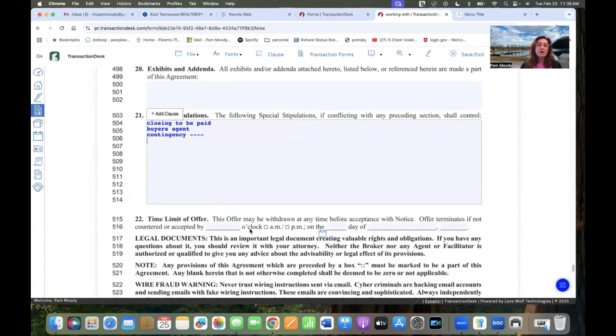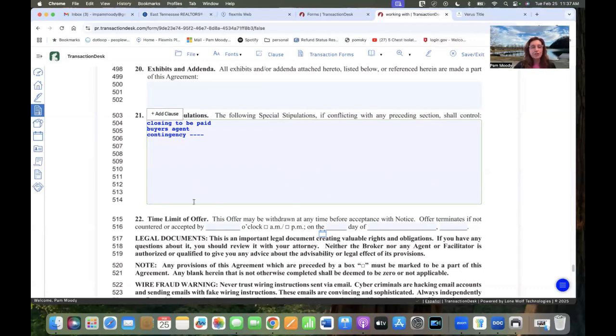So time limited offer. The offer may be withdrawn at any time before acceptance with a notice. So say you put in an offer and then they haven't countered or accepted. Anyway, you've changed your mind, you could withdraw it. But we usually ask, give them 24 hours. There's been times when I've been on the listing side, and perhaps they want to know within 2 hours.